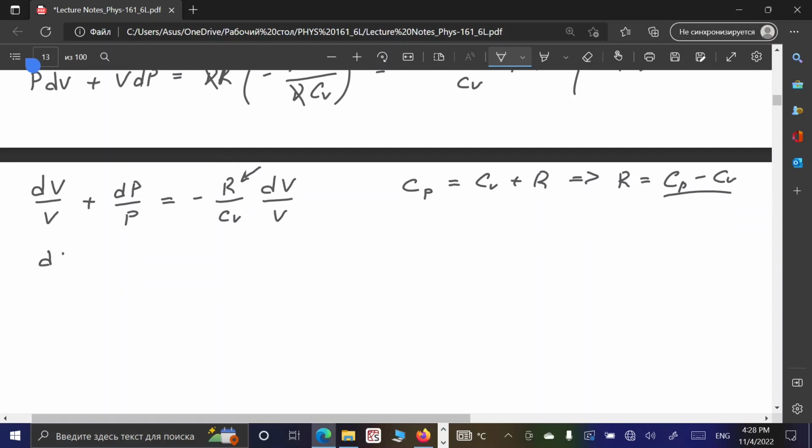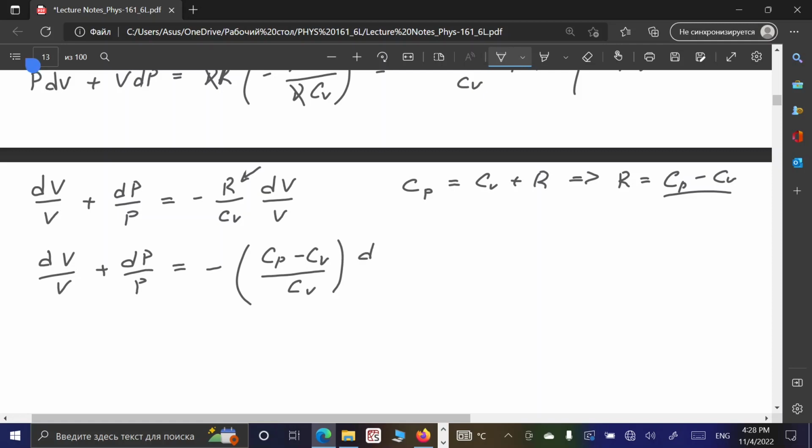And we have dV over V plus dP over P. That is equal to minus, here will be Cp minus Cv instead of R in the numerator, and denominator we have Cv.